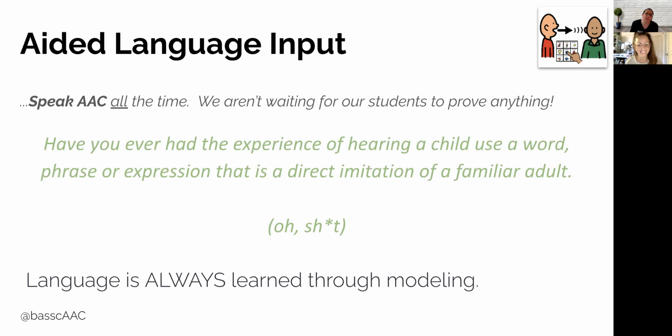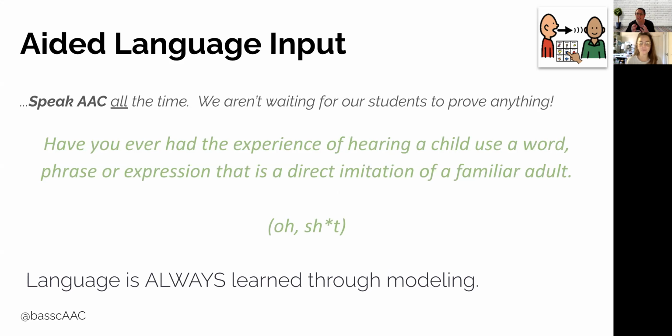Right, and if you want to think about another way to go at it, have you ever had the experience of hearing a child use a word, phrase, or expression that is a direct imitation of a familiar adult? We've all had this happen where we've said something and then they directly imitate us using the same exact words, the same intonation, same inflection.